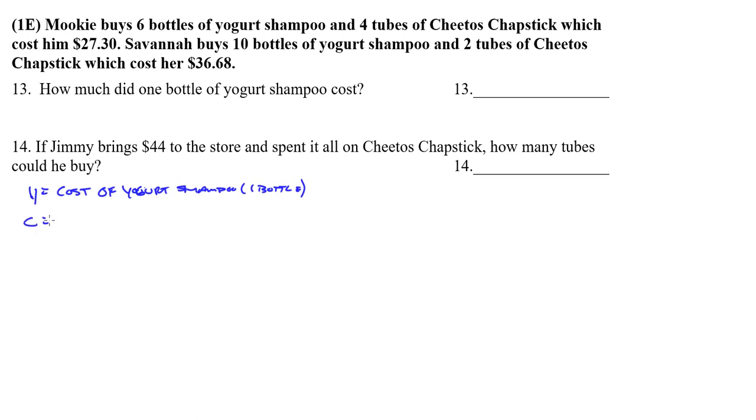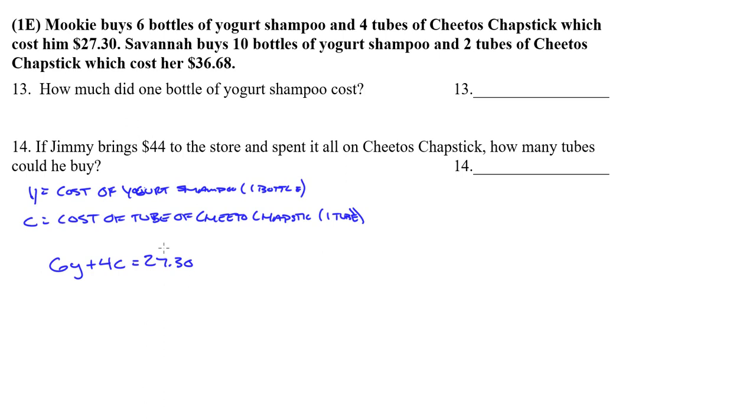And then C is going to be the cost of a tube of Cheeto chapstick. One tube. Right? Okay. So up here it says Mookie buys 6 bottles of yogurt shampoo and then 4 tubes of Cheeto chapstick, and it cost $27.30. You following my drift as to why I assigned what I did there?